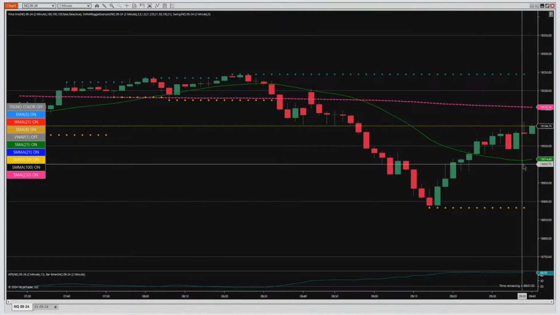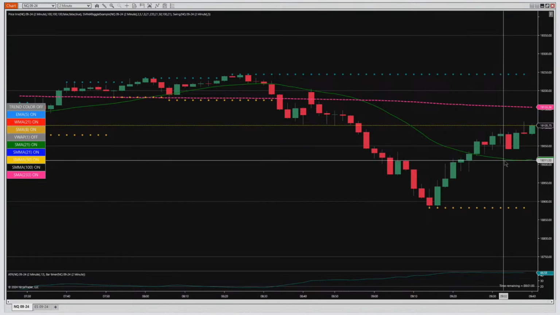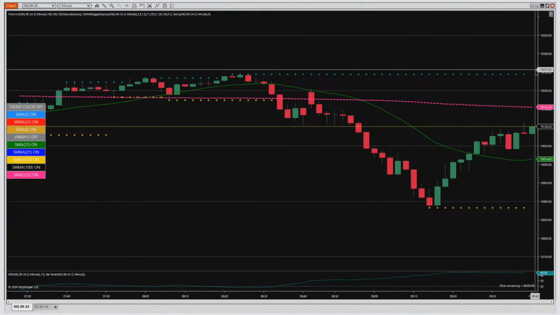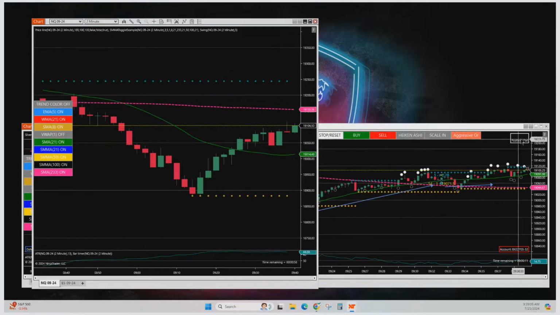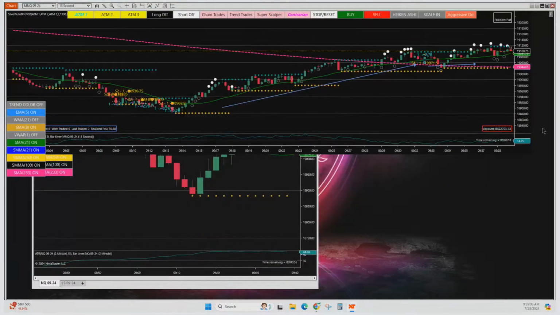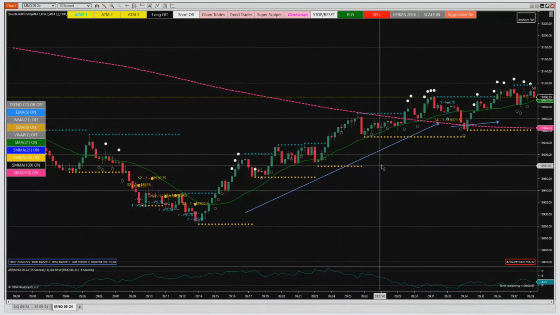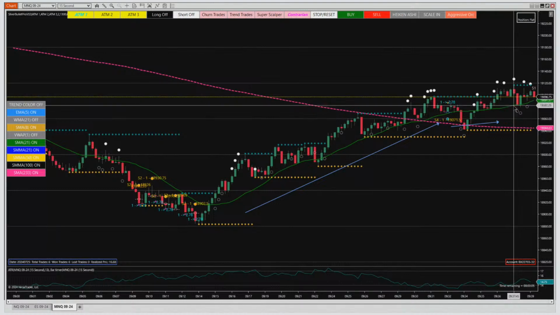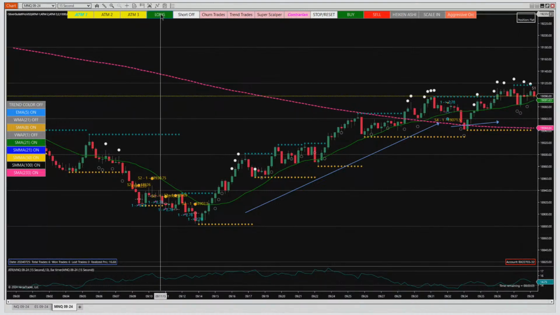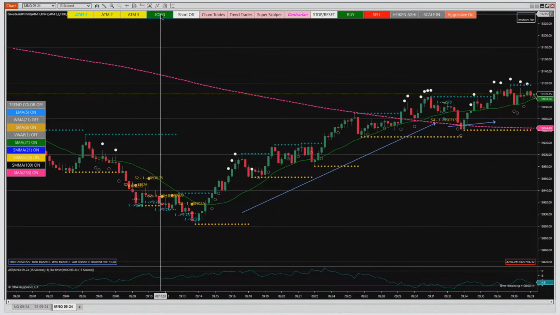The 21 SMA will act as a good support at that time. So $170 of risk. Let me see if I want to take $170 of risk. Maybe I will turn contrarian on.